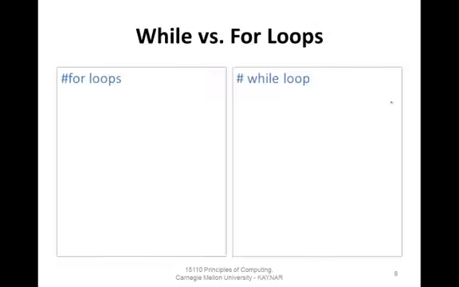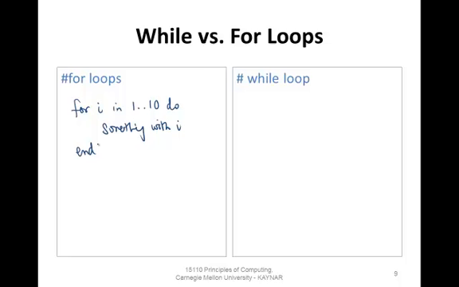While and for loops. So let's think about this. When you think about a for loop, you think about something like this: for I in 1 to 10 do something with I. Now, this will be the end.